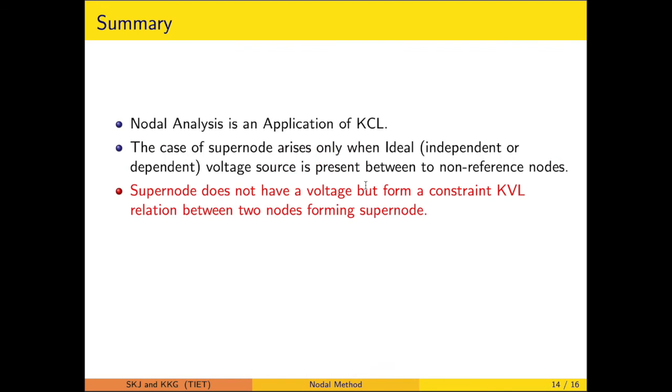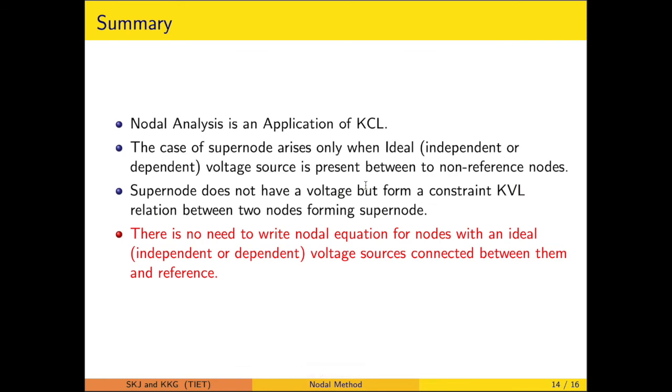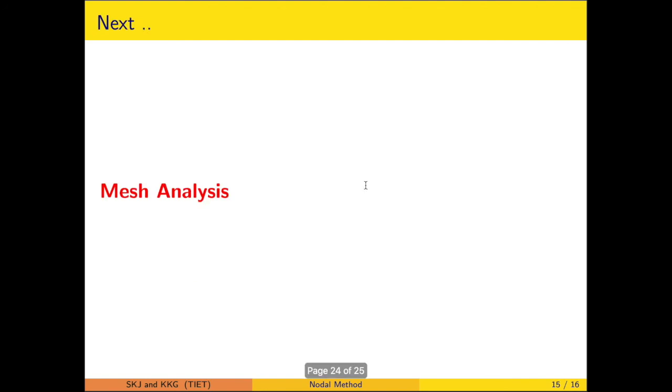A supernode does not have a voltage of its own, but it forms a constant KVL relation between the two nodes. There is no need to write the nodal equations for nodes with an ideal voltage source connected between the node and the reference. So this is the summary.